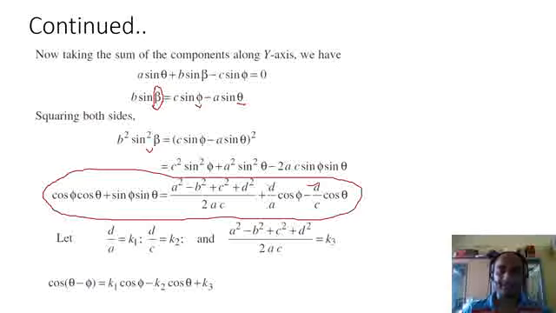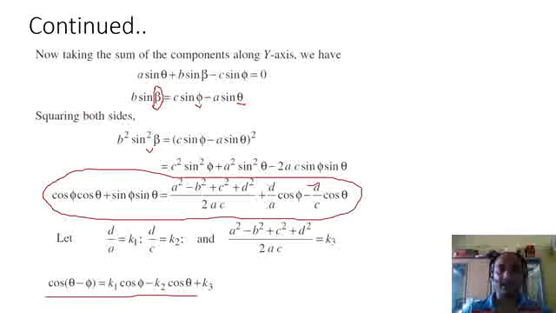When you consider k1, k2, k3, this equation will be converted to cos theta minus phi equal to k1 cos theta minus k2 cos phi plus k3.